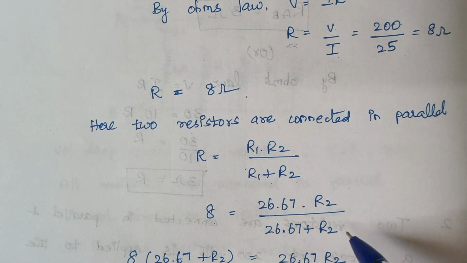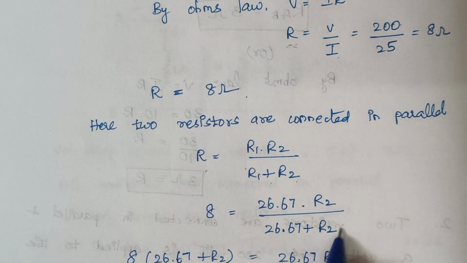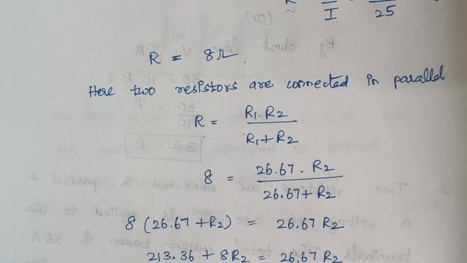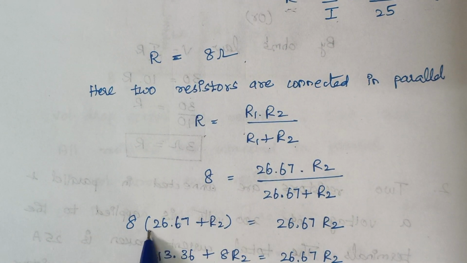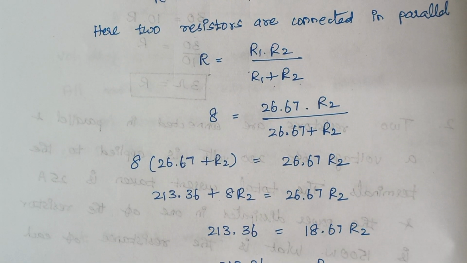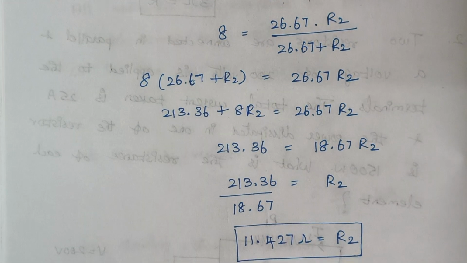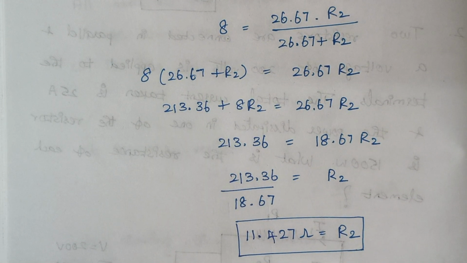Now we are going to rearrange and calculate the value of R2. You see, we are moving this part to the left hand side. Then we are going to multiply these terms by 8 here. Right. So again when you rearrange, the value of R2 is calculated as 11.427. Right. So R1 and R2 are calculated here.